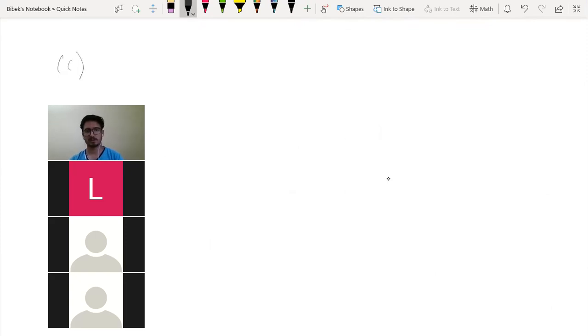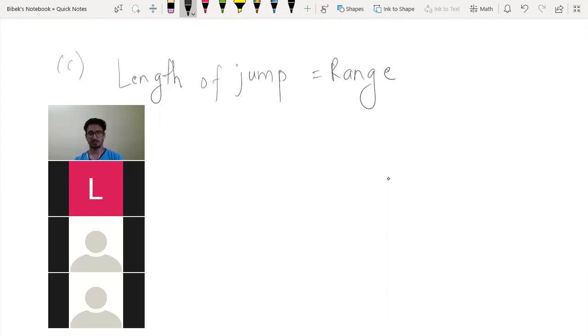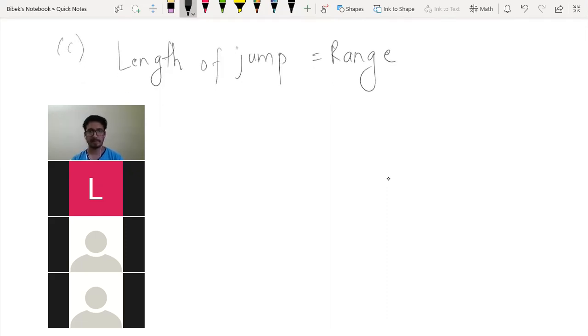So part C asks you to find the length of the jump. Don't get confused with the length of the jump. It's the range. They're just changing the wording. You know that the x component of the velocity is the same at every point in your projectile.